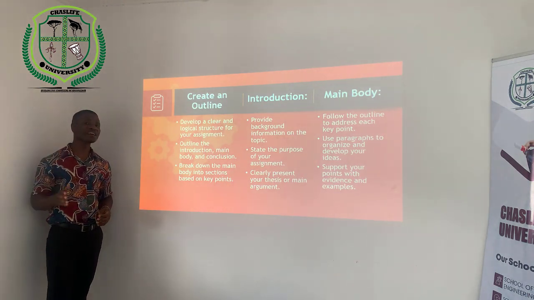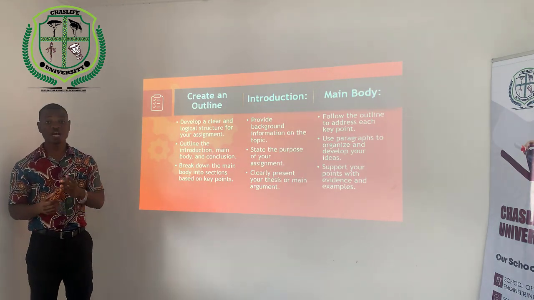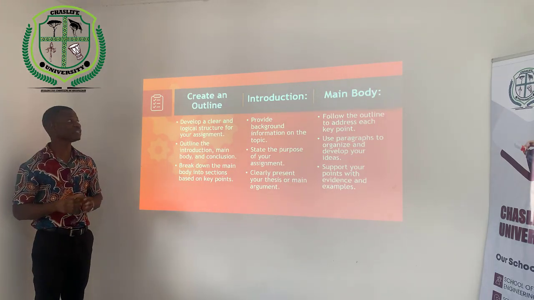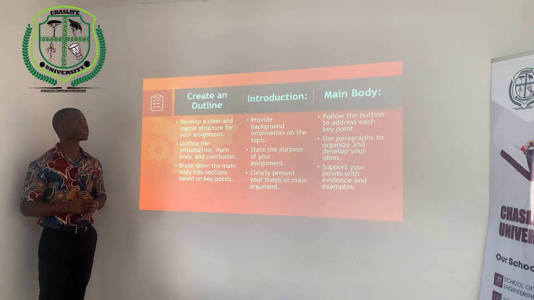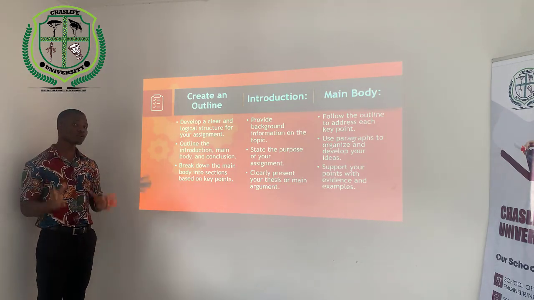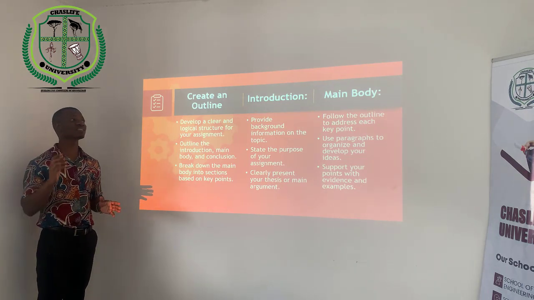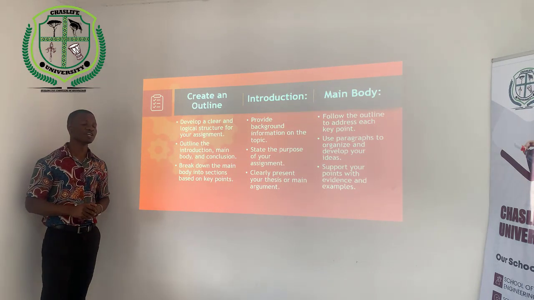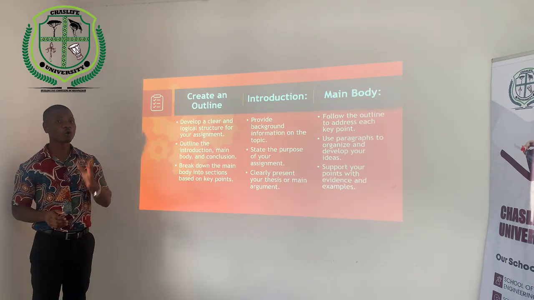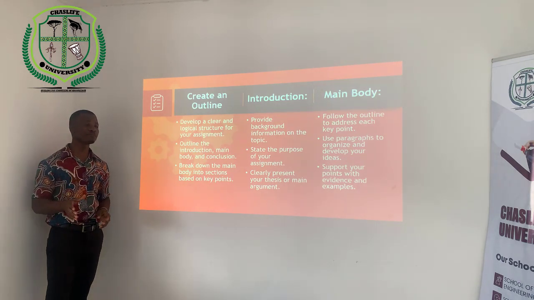The other points that are very important as you write your academic assignment are that you need to create an outline. An assignment must have an introduction, and it must also have the main body.